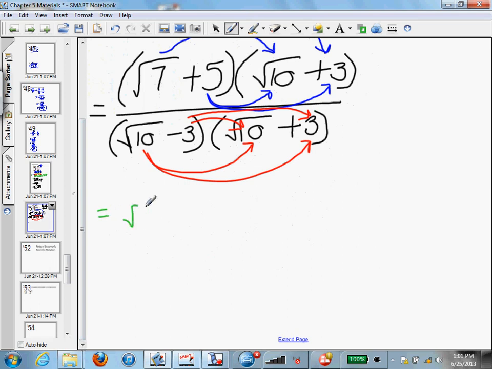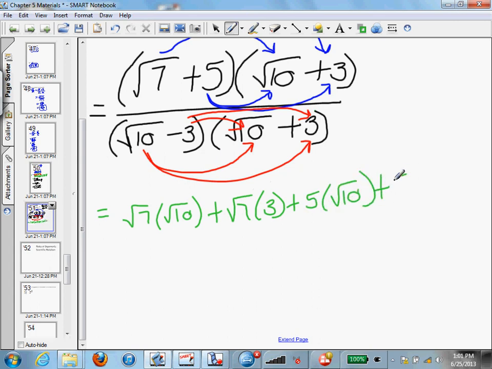So we actually write that out. We get square root of 7 times square root of 10 plus square root of 7 times 3 plus 5 times square root of 10 plus 5 times 3.